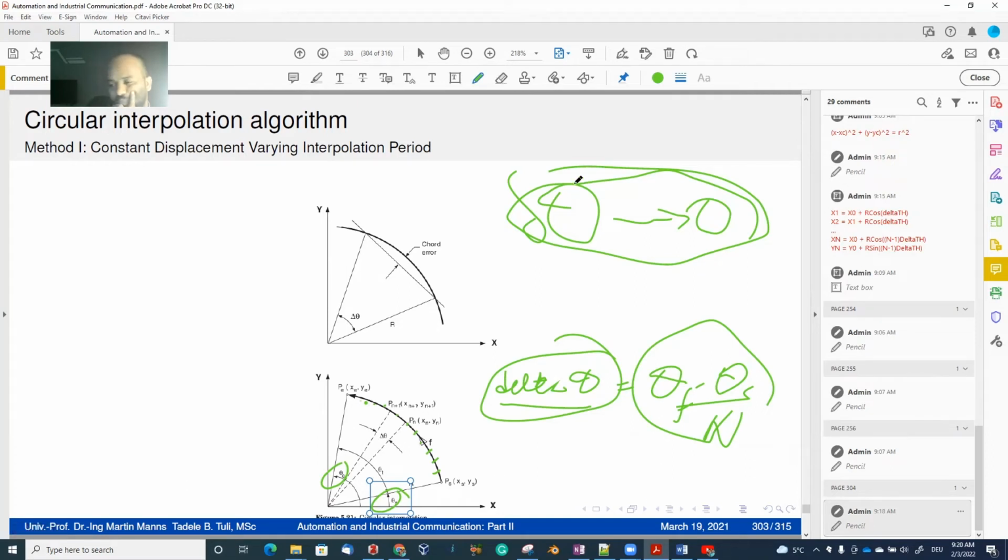I could imagine this delta theta going maximum to the resolution, but maybe lower for some applications, like rough cutting, where you don't need really high precision or a really good surface finish. You could divide into 100.